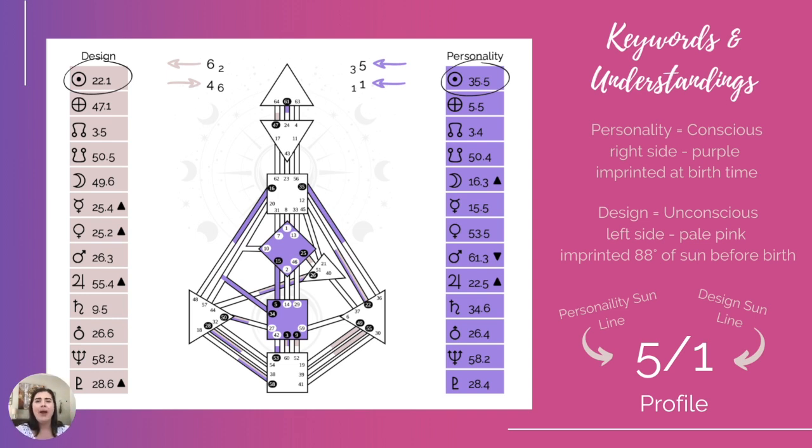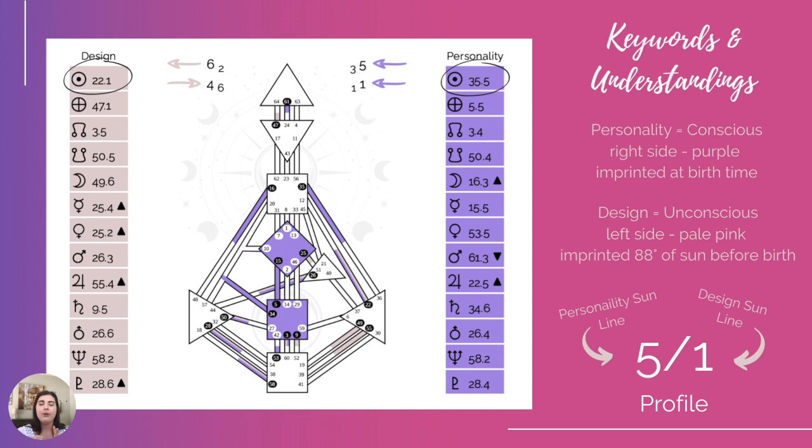You have your right-hand side column, which, if you run your chart on my website, will be in purple. That is your conscious side, or we could also call this the personality side. Those two can be interchanged when we're talking about profile. So this is what is imprinted on you at the time of your birth.